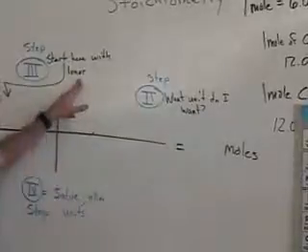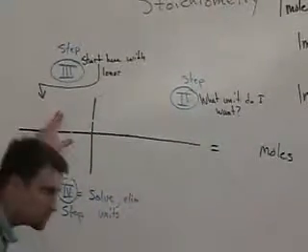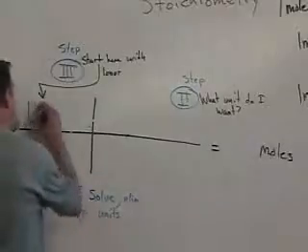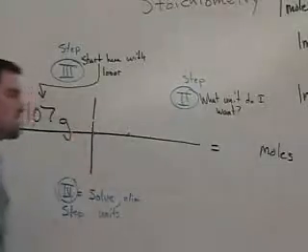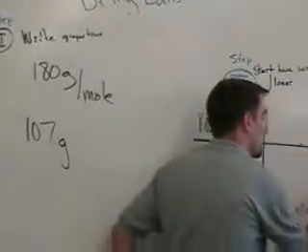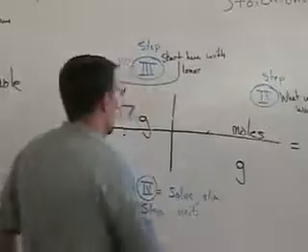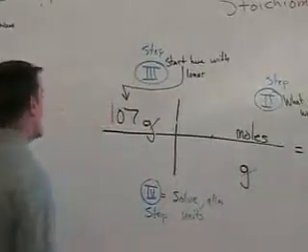Step 3, I put the loner right here. What's my loner? 107 grams. Then I ask myself, is grams in the answer? No, so I got to get rid of it. I better have moles up here then. That's what I do want in the answer. Grams gone, but let's fill in.